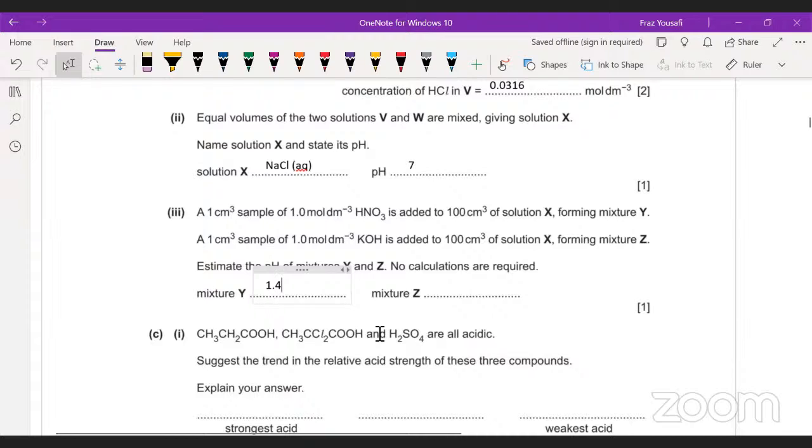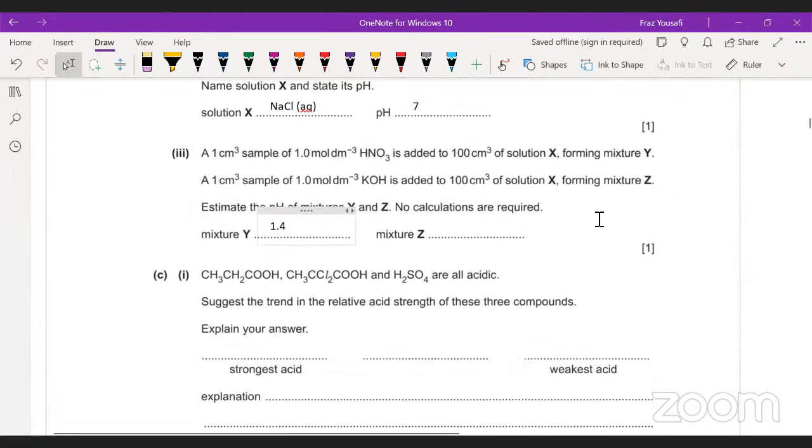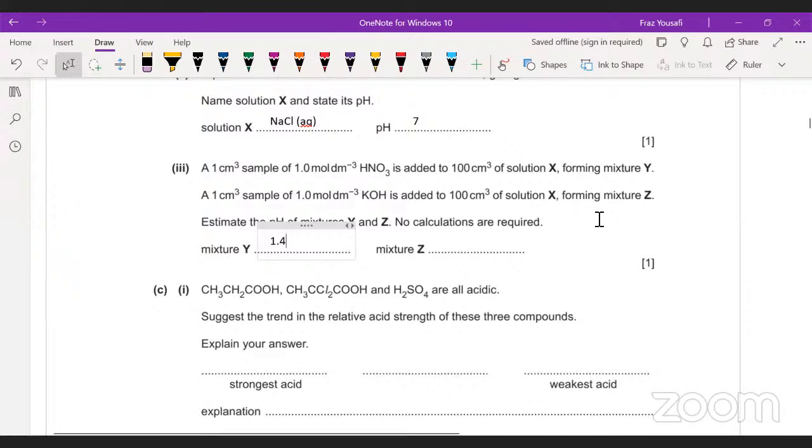They've given you the answer anywhere from 1 to 3 is sufficient, right? And if I've gone from what was initially 1.5, right, to 1.4, I've decreased the pH from 1.5 to 1.4, then I'm going to go ahead and increase the pH of the other one by exactly the same amount. 12.6.